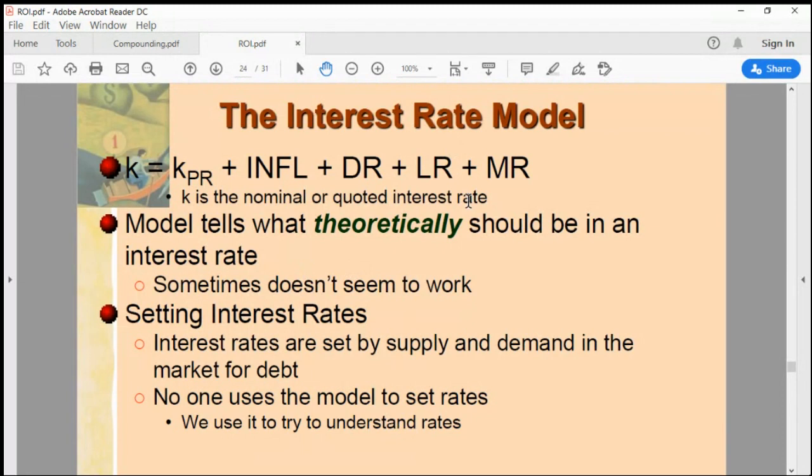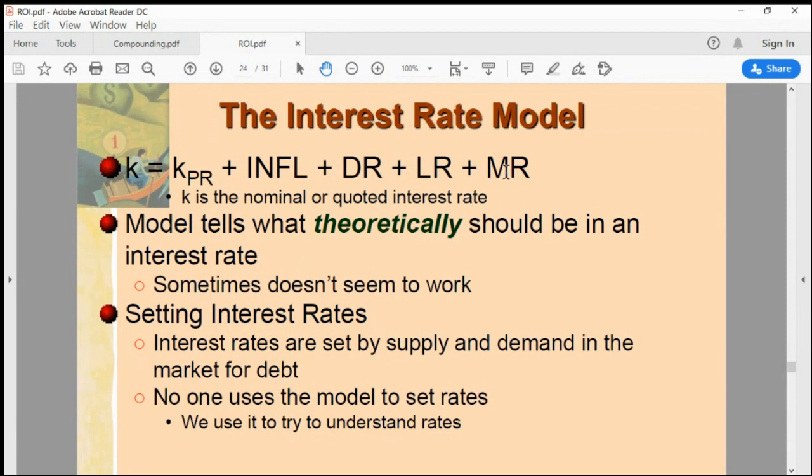And then how much of the actual borrowing rate, the borrower's borrowing rate, is liquidity risk and maturity risk?